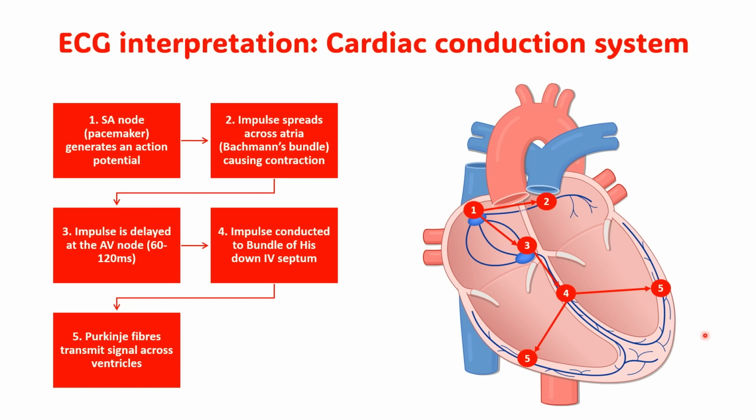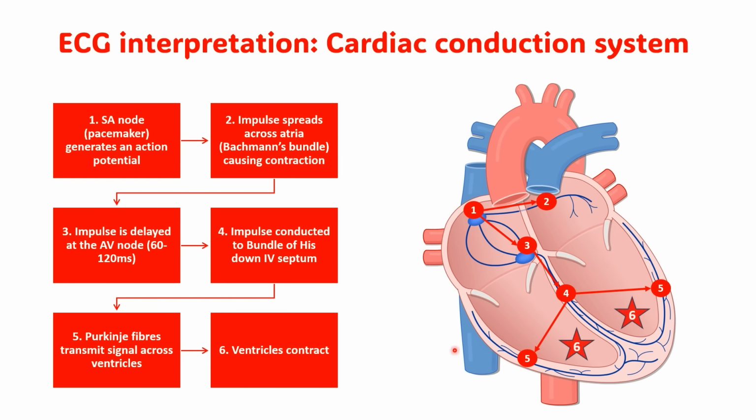Gap junctions are channels which allow movement of ions between cells. This forms something called a syncytium, permitted by these gap junctions, so we have coordinated contraction. And 6 represents ventricular contraction.